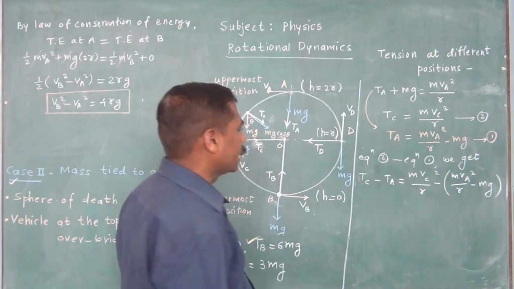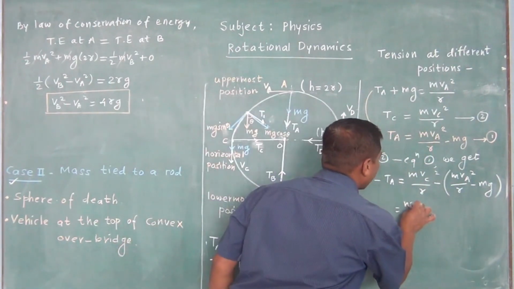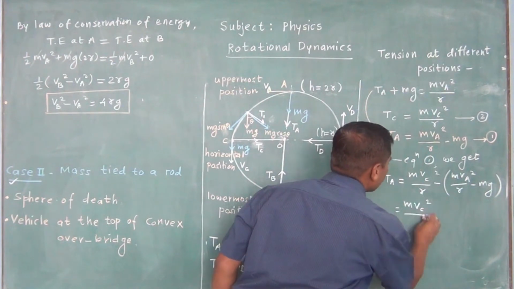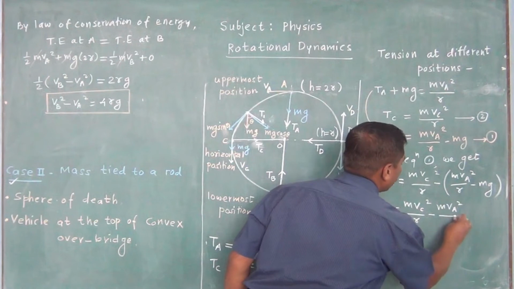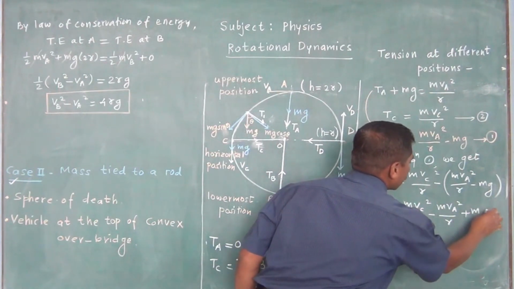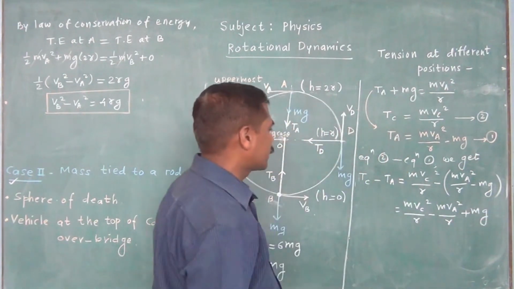So the negative sign is here, so you write it like this: mvc square upon r minus mva square upon r plus mg.